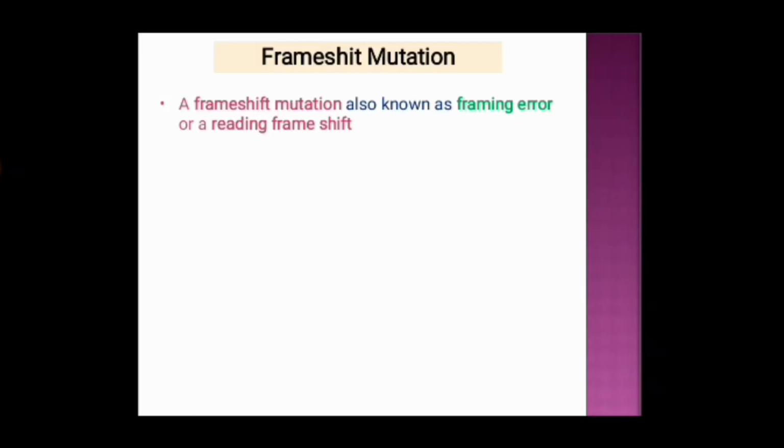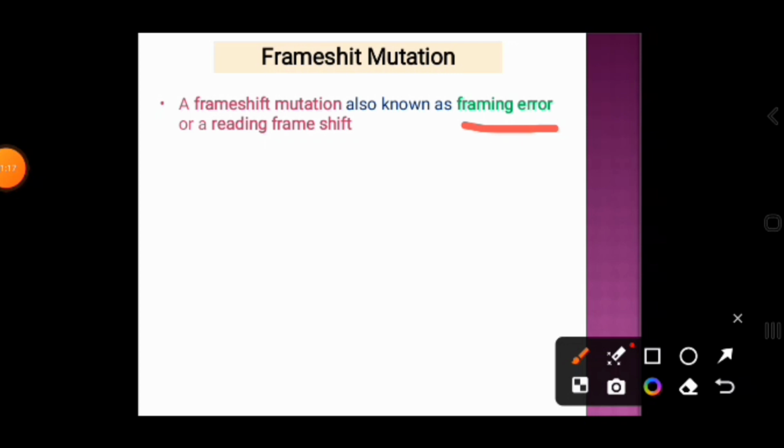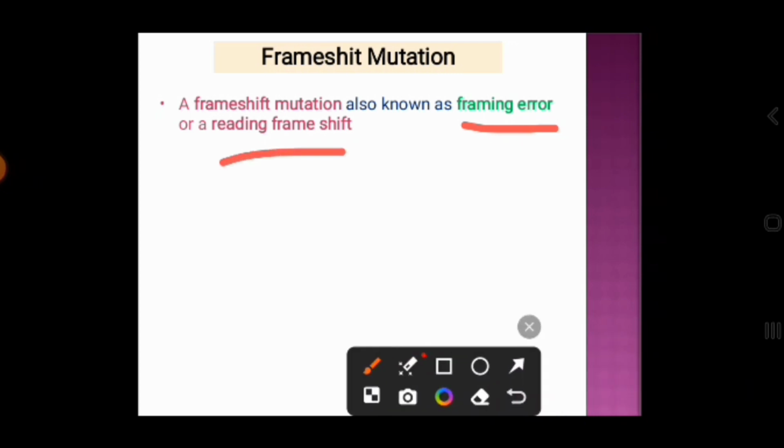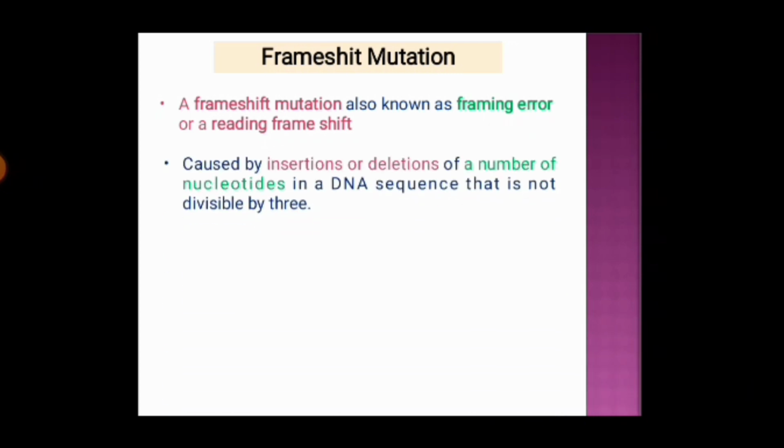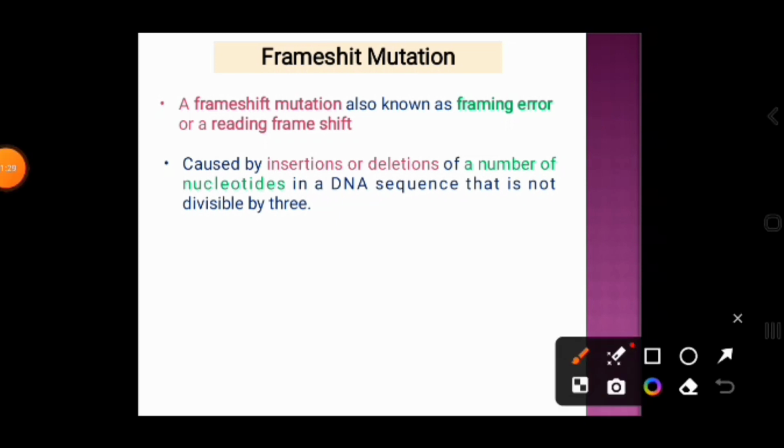Now, first of all, we will discuss what is Frameshift Mutation. A Frameshift mutation, also known as a framing error or reading frameshift, is caused by the insertion or deletion of a number of nucleotides in a DNA sequence that is not divisible by 3.